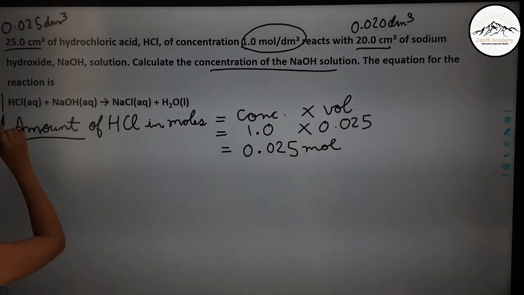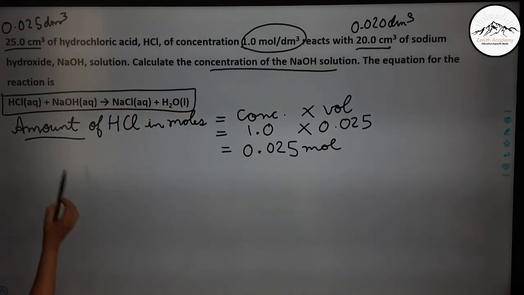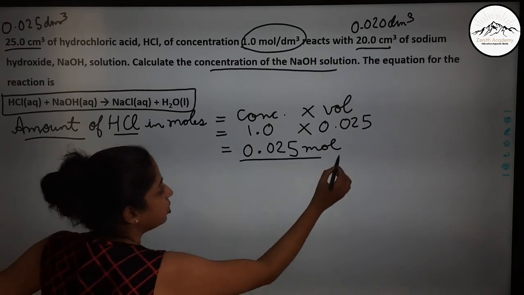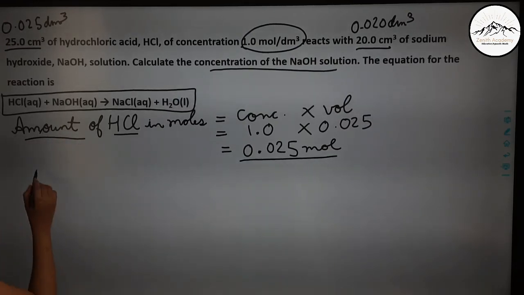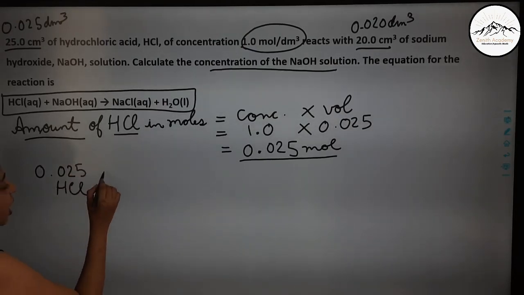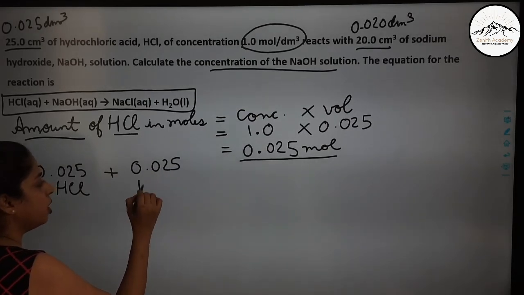Now students, if we see the balanced equation, we will understand that 1 mole of HCl is reacting with 1 mole of NaOH. Here we have found the amount of HCl to be 0.025 moles. So obviously 0.025 moles of HCl will react with 0.025 moles of NaOH.